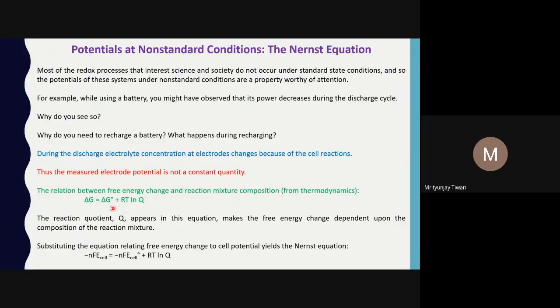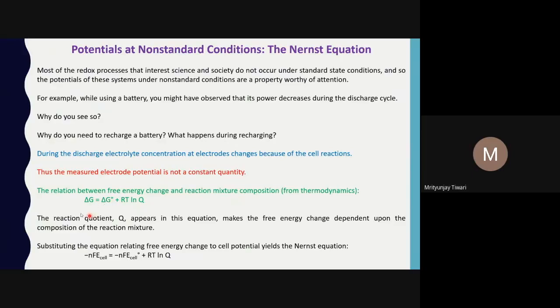In this equation, we know delta G naught is equal to minus nF E naught cell, the standard cell potential at the standard condition. But if the cell potential is not E naught cell, suppose it is E cell, then the free energy change is not that at the standard condition; it is the free energy change at a non-standard condition.